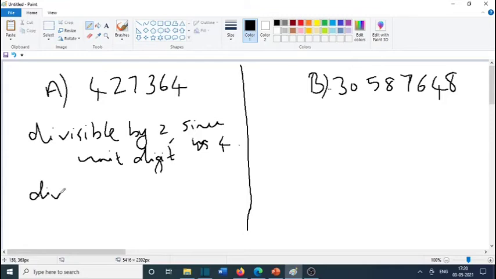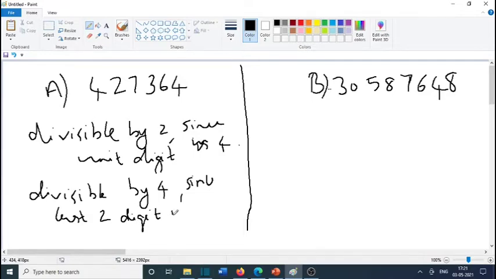Divisible by 4? Check. Since the last 2 digits, 64, are divisible by 4. Now check the last 3 digits.